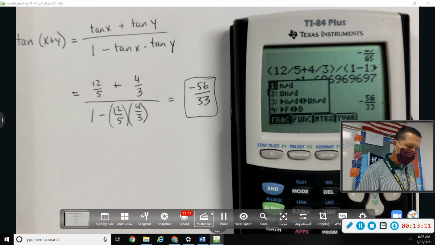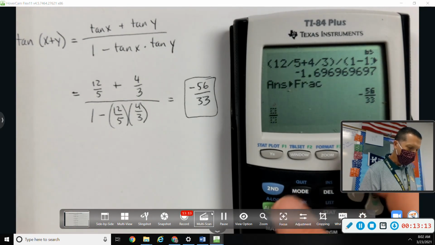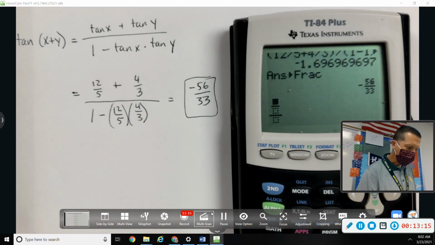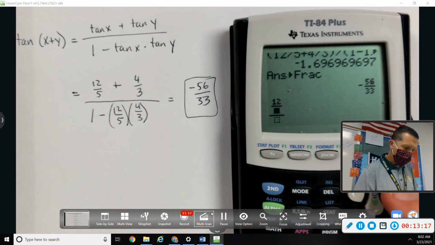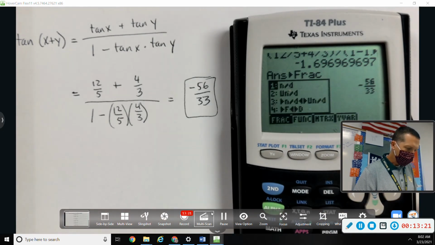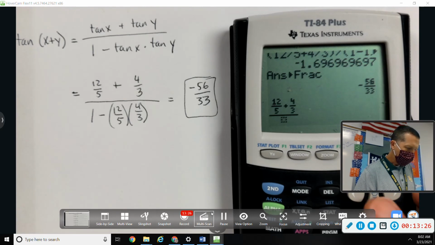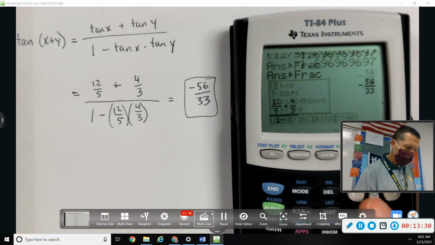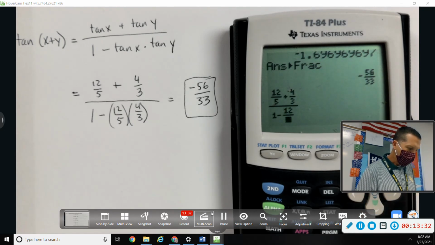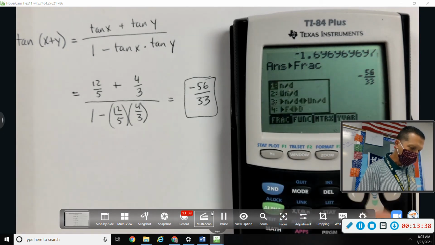If I really want to do the fraction bar, I think you can do fractions in fractions. Yep. So if you really need to see the fraction bar in there, you can do it. Again, I find this more annoying than helpful, but if you need to see it, then do it.